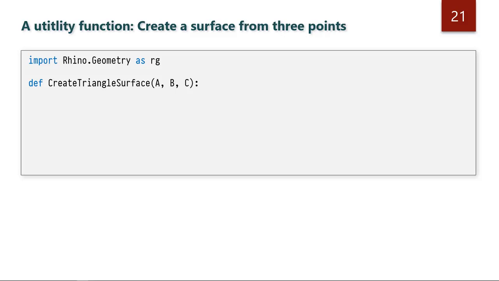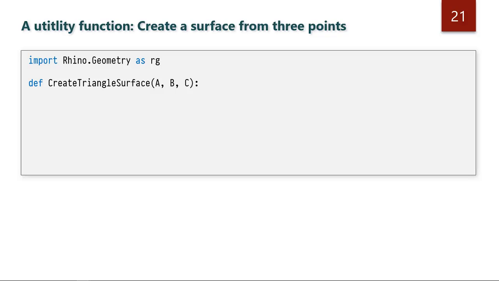This is a utility function that takes in 3 points and returns a surface that passes through a triangular surface from those 3 points. And there is no single command in Rhino that takes in 3 points and returns a surface right away. That's why we define a custom function to make it easier for us whenever we want to create a surface from 3 points.